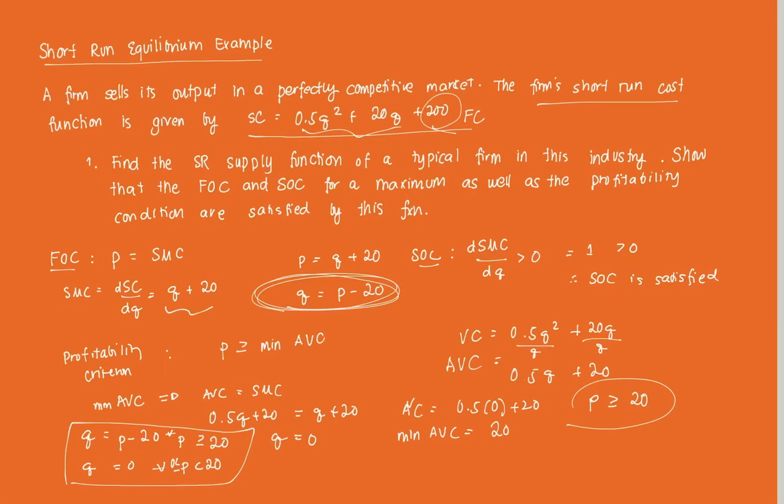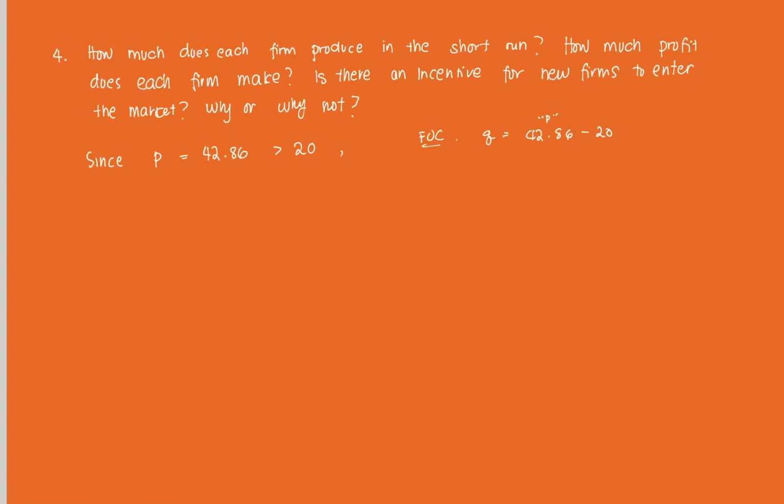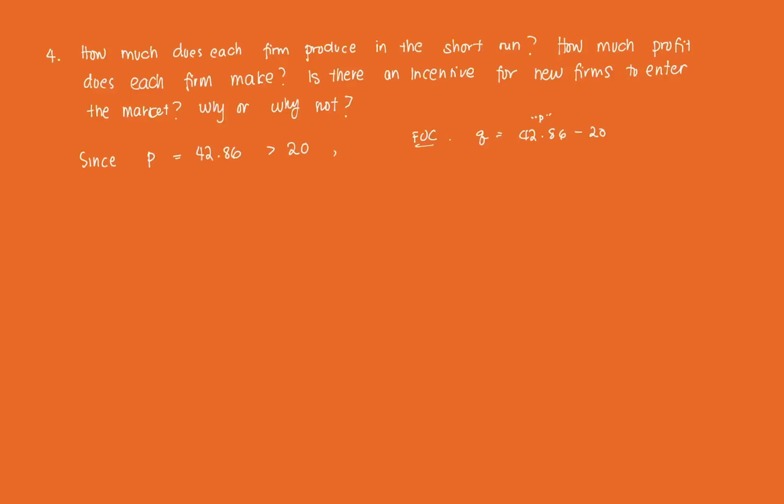That's where we're getting that from. And we end up getting Q equal to 22.86, the quantity each firm produces.